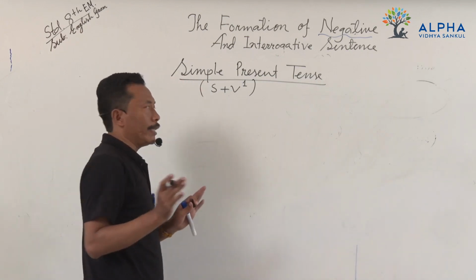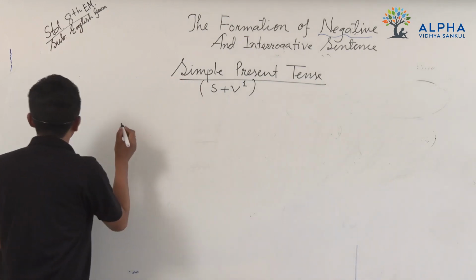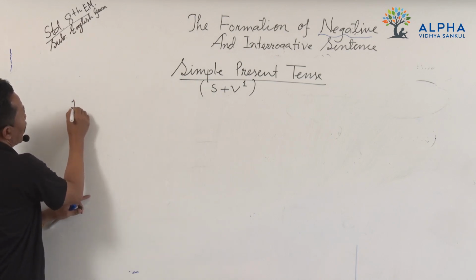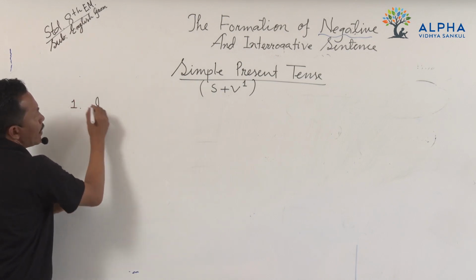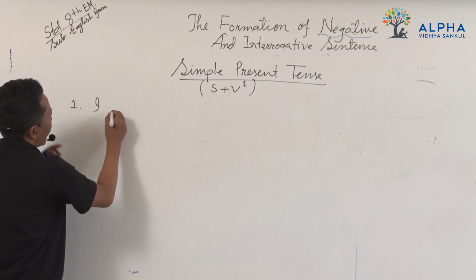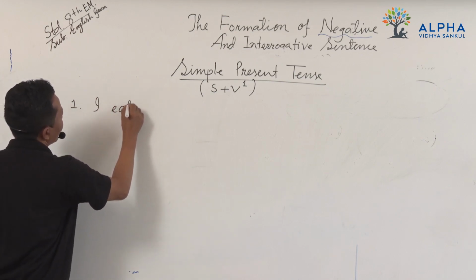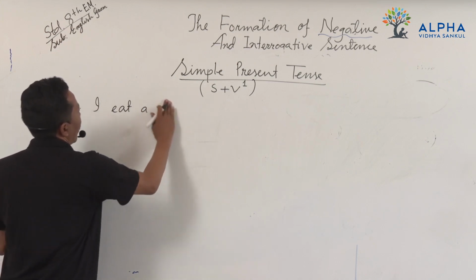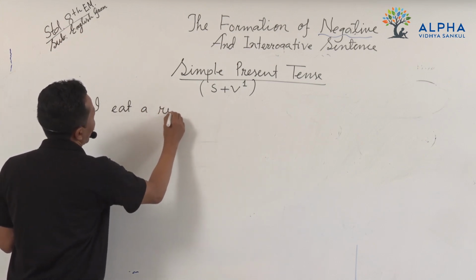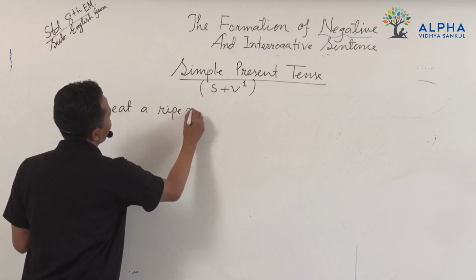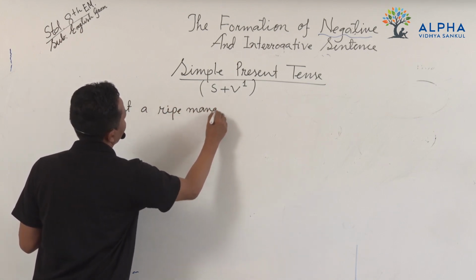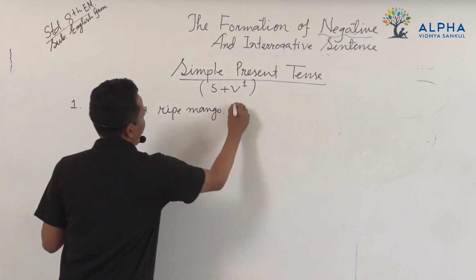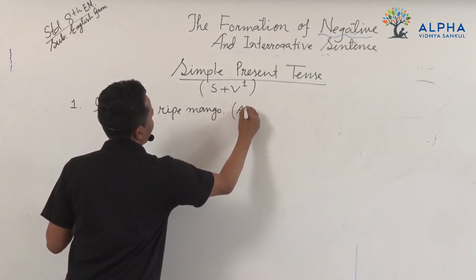But how can we sense? And this time, students, I'm giving you examples here. I eat a ripe mango. Yes, this is what? Affirmative.